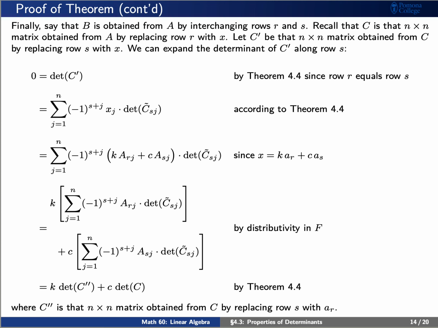As mentioned before, C double prime is that n by n matrix obtained from C by replacing row S with A sub r. Here, C double prime can be obtained from A by replacing row R with the linear combination x and replacing row S with row A sub r.